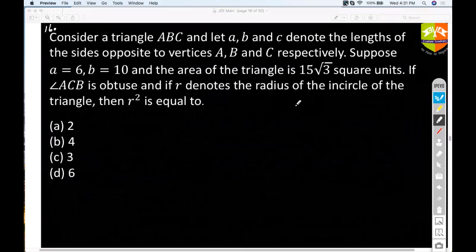Suppose a is 6, b is 10, and the area of the triangle is 15 root 3 square units. Angle C is obtuse, and r denotes the radius of the incircle, then r square is.